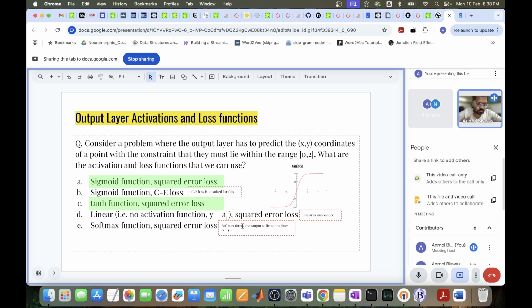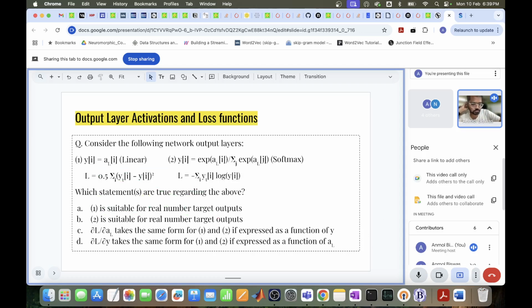Because softmax always ensures that the sum of all the outputs is 1. So in this case, you have two outputs, x and y. It will force them to follow this line, right? Which is again something that you probably do not want, right? Because you might want to explore the entire area that is available to you.